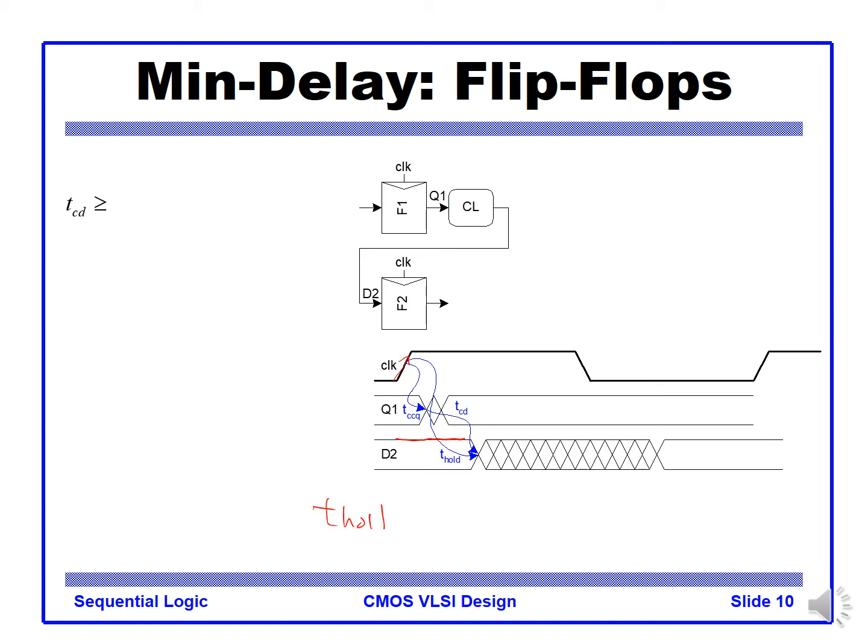So that should be satisfied at D2. First the data launched from F1 will start from the rising edge of the clock, and will go through the contamination delay of the clock to Q delay.